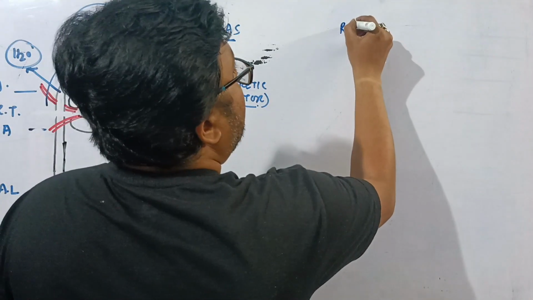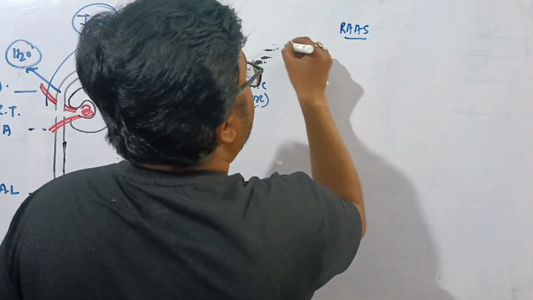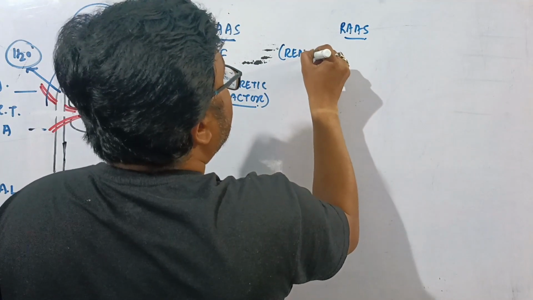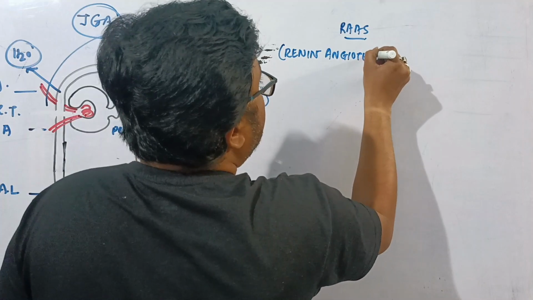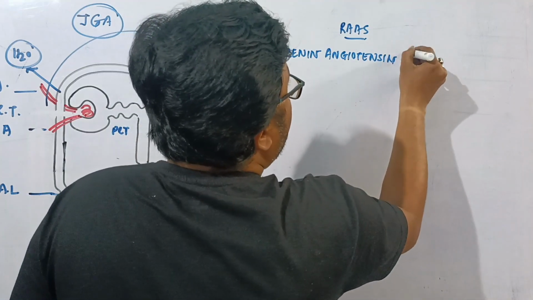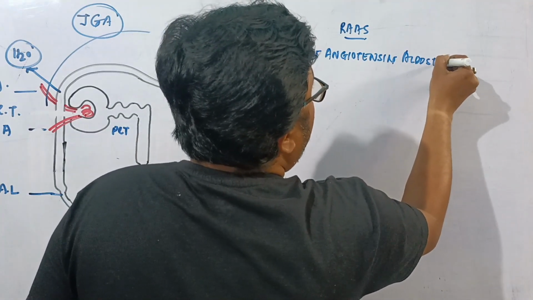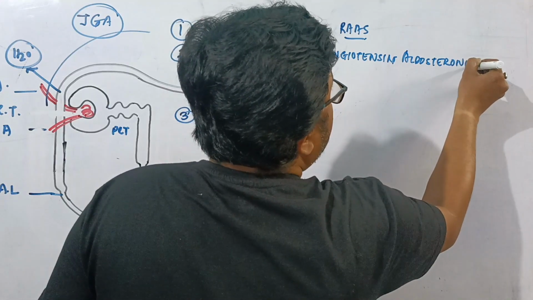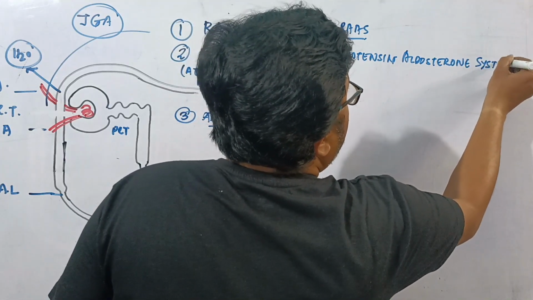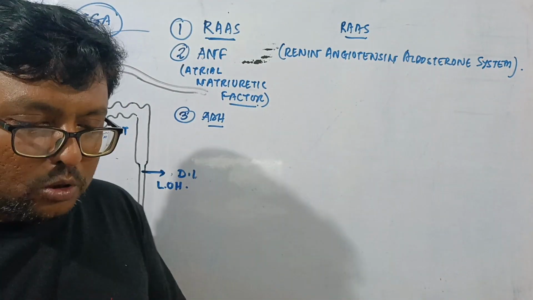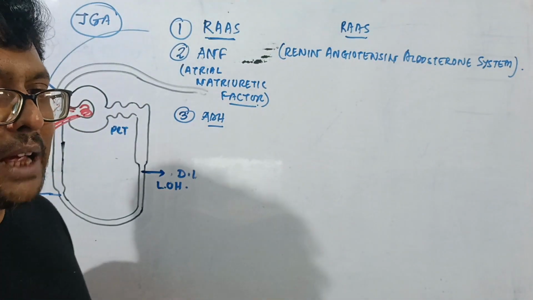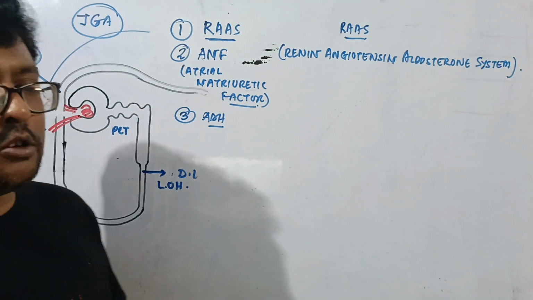RAS is also known as renin angiotensin aldosterone system. The full form of RAS is renin angiotensin aldosterone system.